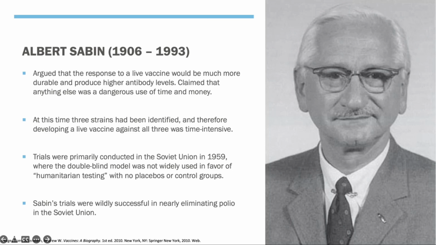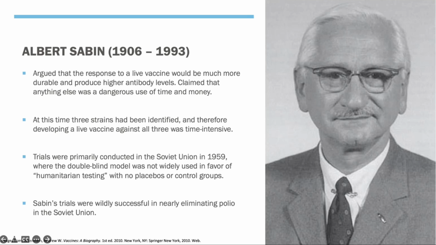The other critical figure was Albert Sabin, who was equally a proponent of the live vaccine approach. His thinking was that this would be a much more durable response, that it would produce higher antibody levels. It was thought to be more consistent with the pathophysiologic mechanisms of infection too, through the GI tract.